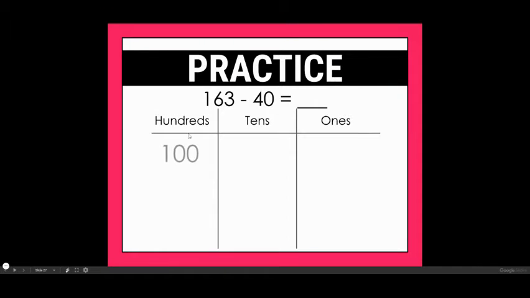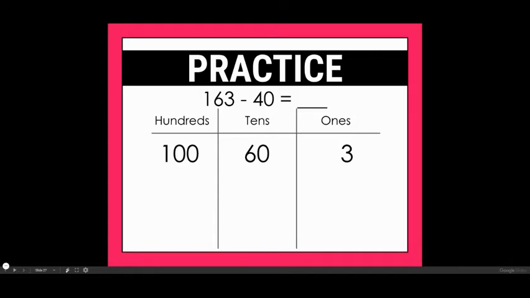I have 100. So I'm going to put that in my hundreds place. How many tens do I have? I have 6 tens, which equals 60. So I'm going to put that in my tens place. How many ones do I have? I have 3 ones. So that is going to go in my ones place.